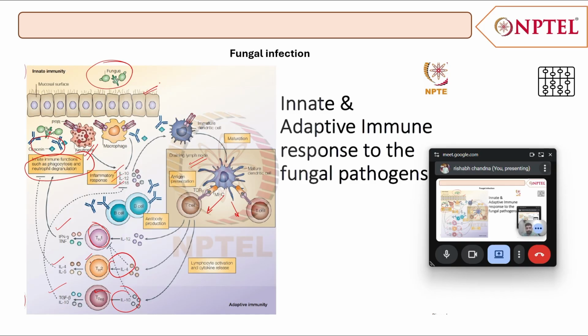Okay, so this dendritic cell actually leads to the increase in these interleukins from the T cells. Okay, so this is the adaptive immunity that takes place with the help of the innate immunity, the neutrophils and the different TLR containing cells. Okay, so this is the counterplay between the innate and the adaptive immune system when the fungal infection takes place in the body.